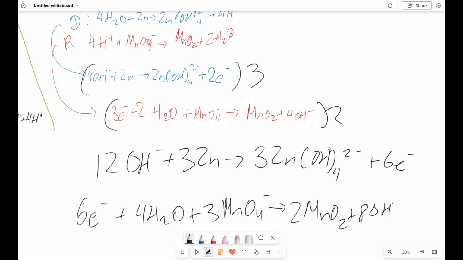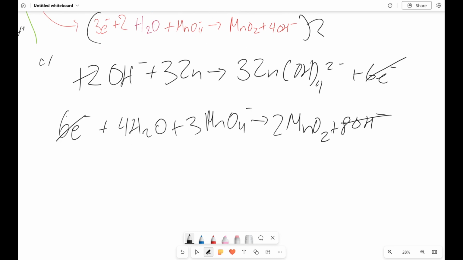I was getting confused. I was worried I lost waters on this step, but I forgot that I could cancel out all my waters. Okay, and then we're gonna cancel more stuff out. 6, 6. We're gonna have no waters here, no waters here, but we do have 8 hydroxides here, so it's gonna be 4 hydroxides there.